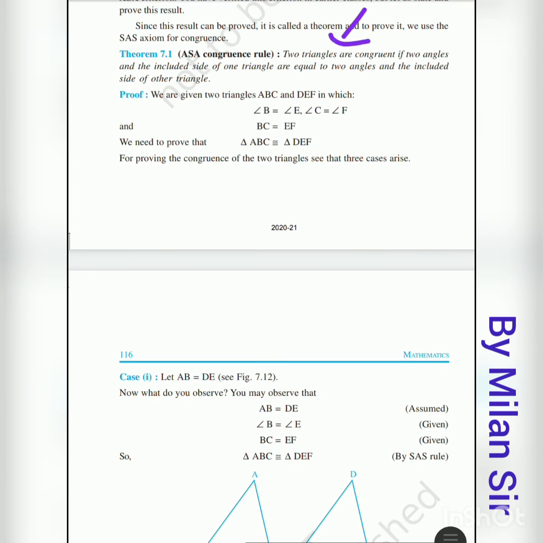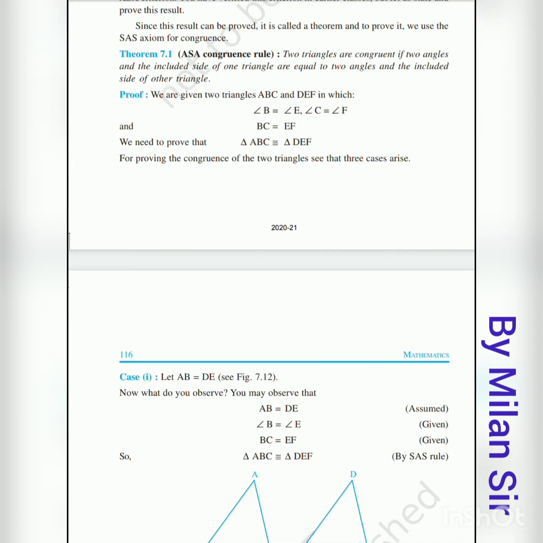Two triangles are congruent if two angles and the included side of one triangle are equal to two angles and the included side of the other triangle.